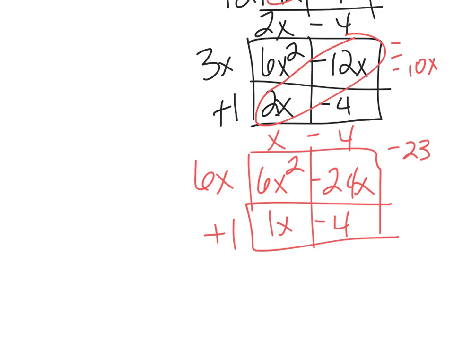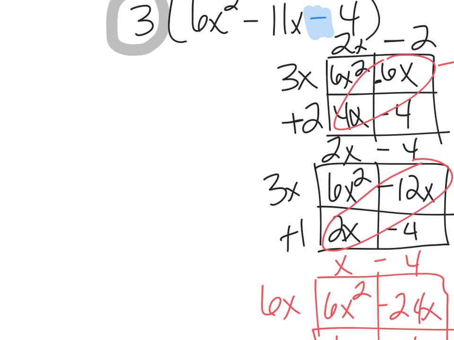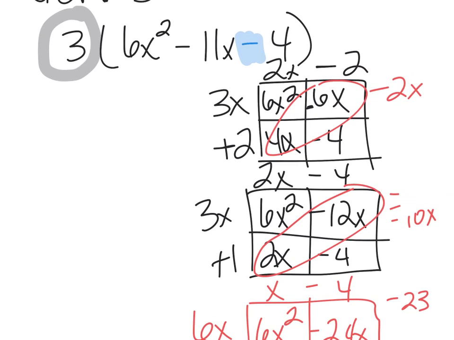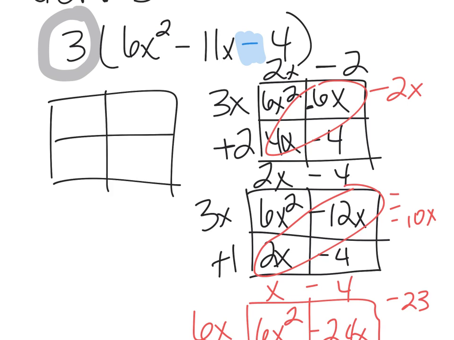So let me rearrange these. Maybe it is negative 4. Okay, so if this is 3x, and that's 2x, let's try negative 1 and positive 4.